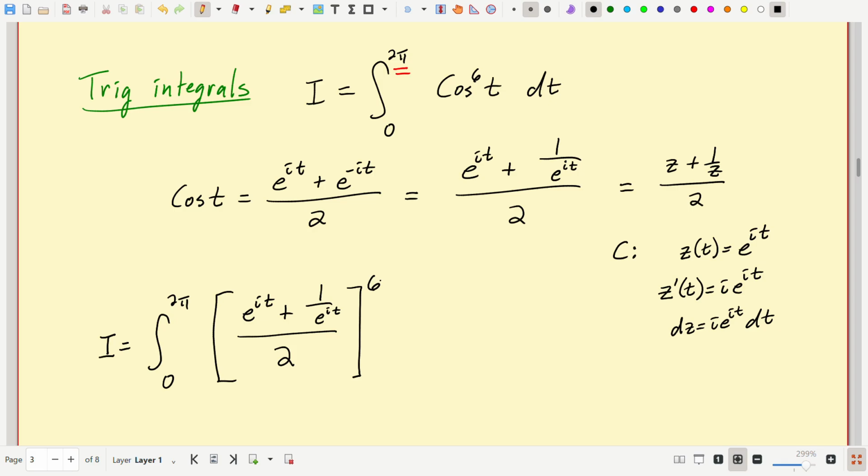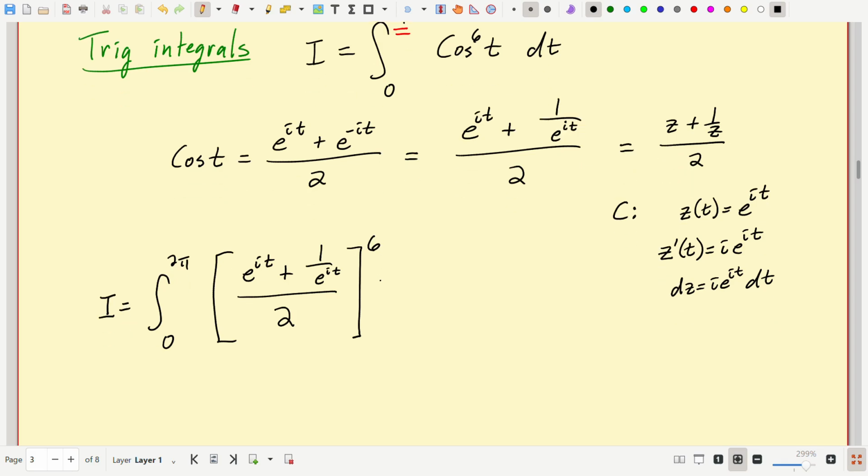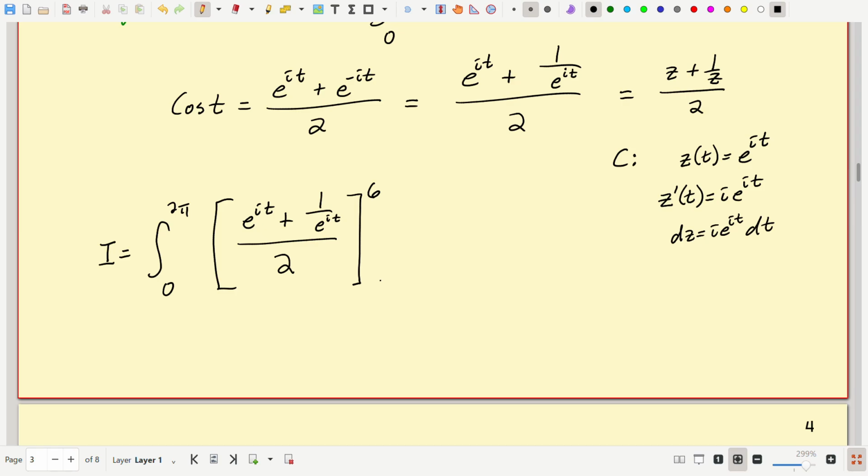And I want that to look like a contour integral. So the plan is I'm going to have this integral around the unit circle, and this is going to be z plus 1 over z to the 6th. Somehow I've got to get that.